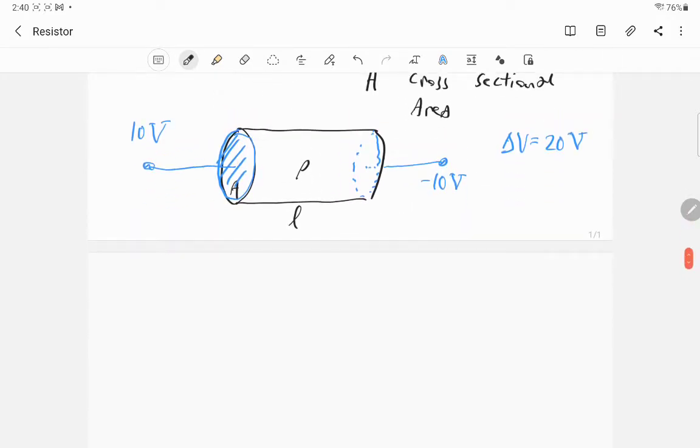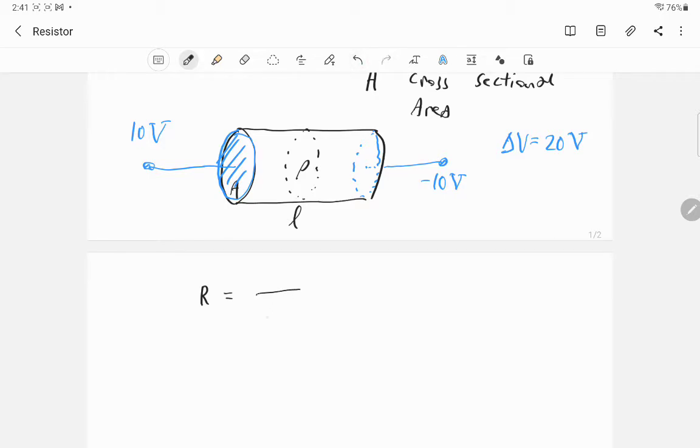Then what I can say is the resistance is equal to the cross-sectional area through which the current gets to flow, right? Oops, that actually goes downstairs, doesn't it?